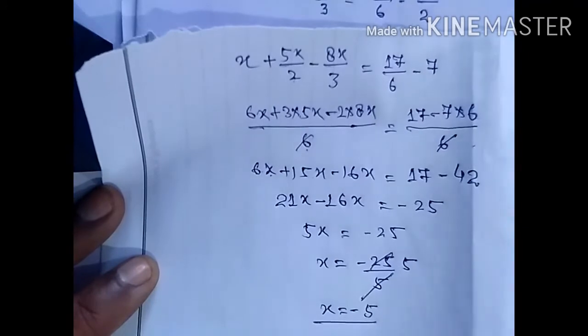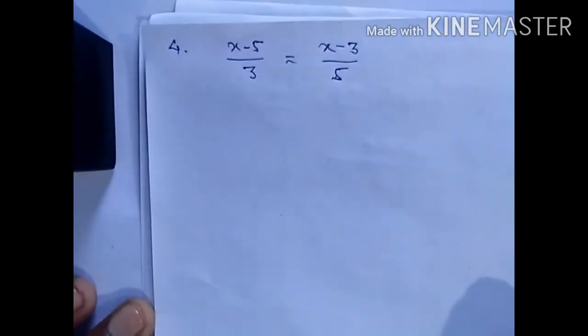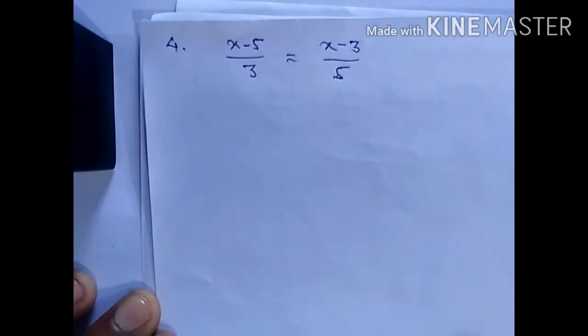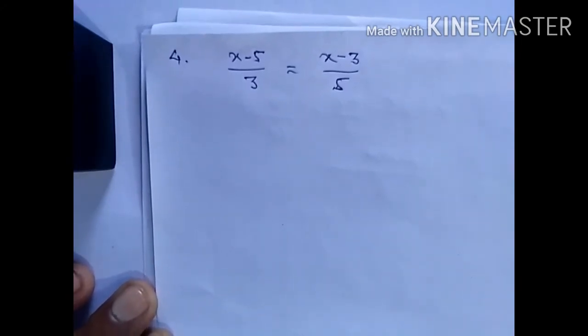Now we will solve question number 4, student. This is question number 4, student, and in this question, student, x minus 5 by 3 is equal to x minus 3 by 5. So first of all, we have to cross multiply this equation, student.